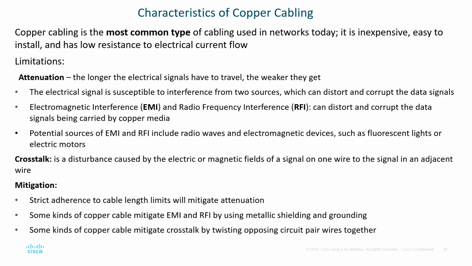The electrical signal is susceptible to interference from two different sources, which can distort and corrupt the data signals. Electromagnetic interference, EMI, and radio frequency interference can distort and corrupt your data being carried by your copper cables. Potential sources of these include radio waves, electromagnetic devices such as fluorescent lights, electric motors, microwaves, anything of that nature.